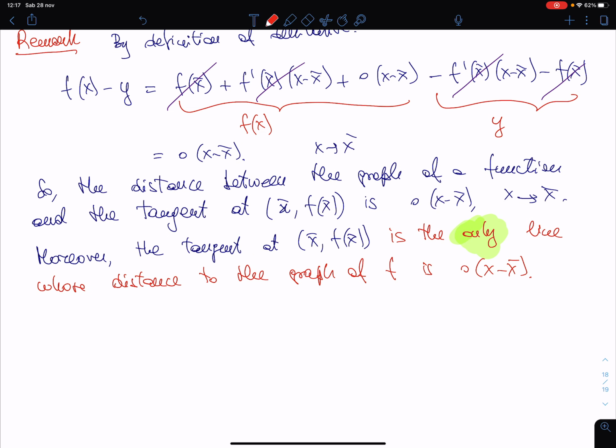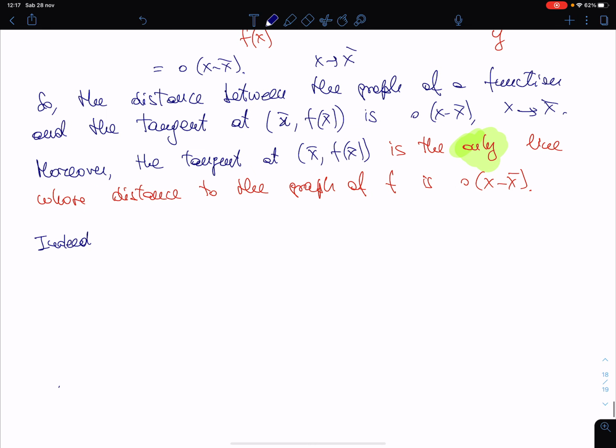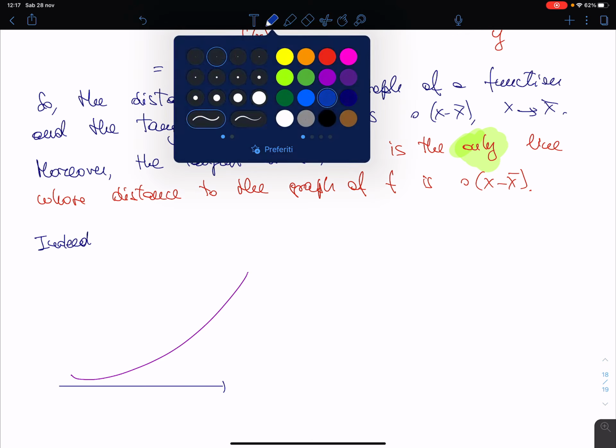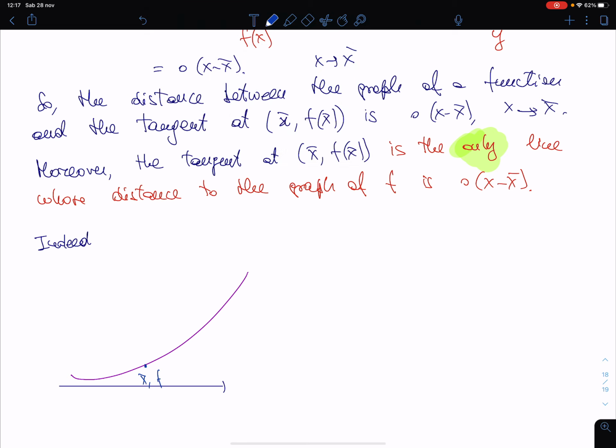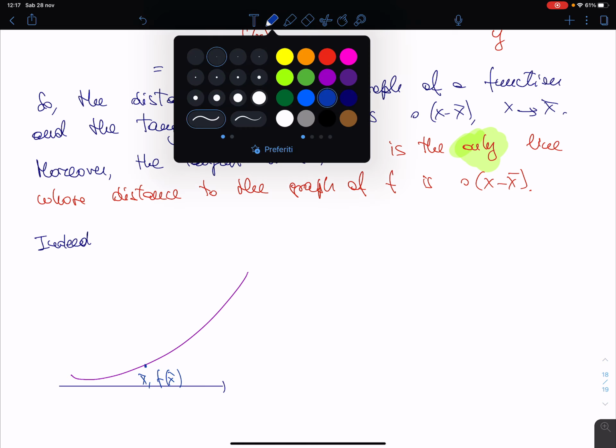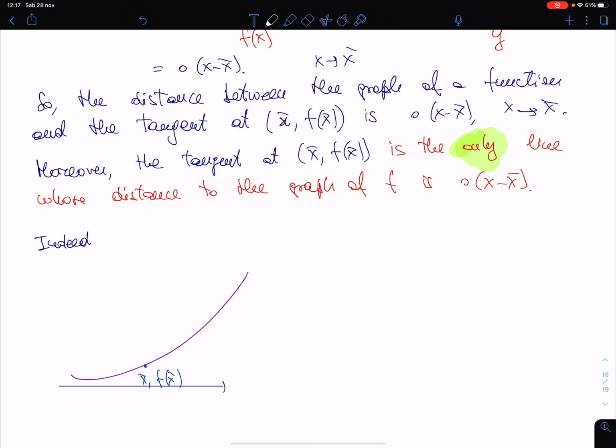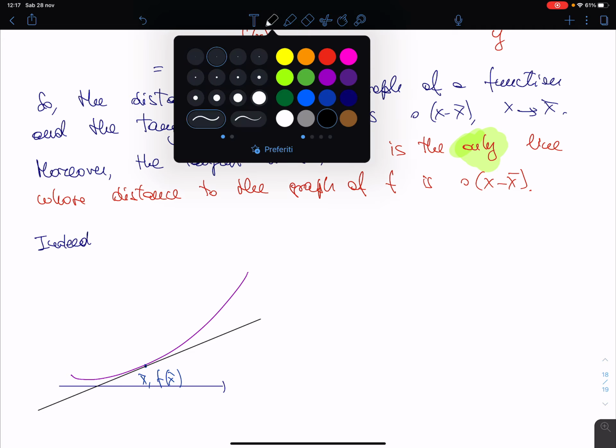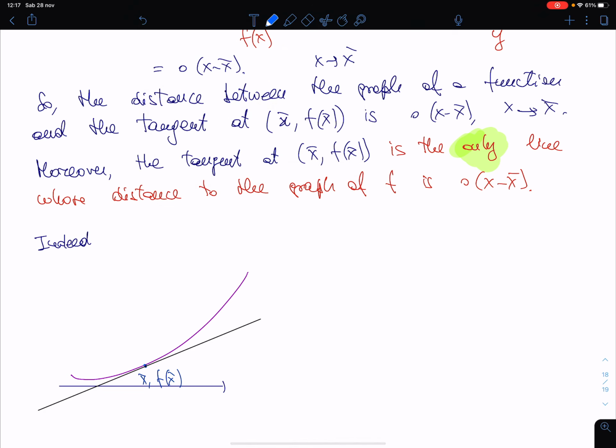Indeed, let me give some discussion. Let me repeat quite quickly the graph that we wrote before. Here we have the point x bar, f of x bar, and so let me draw here the tangent. And here another line, which is not the tangent, but passes through the same point.